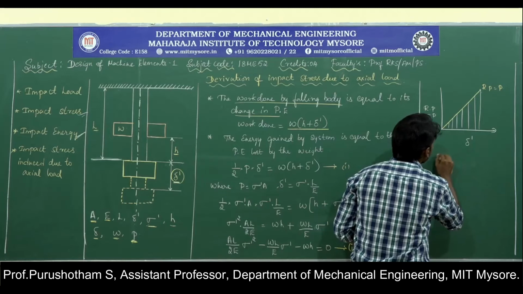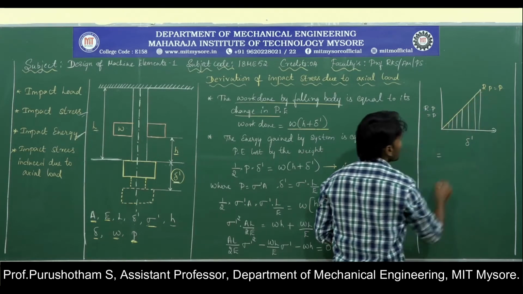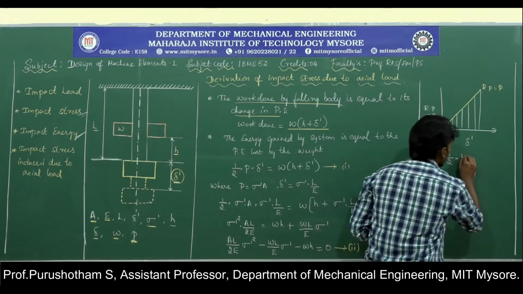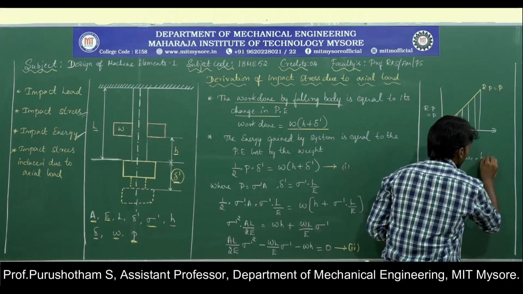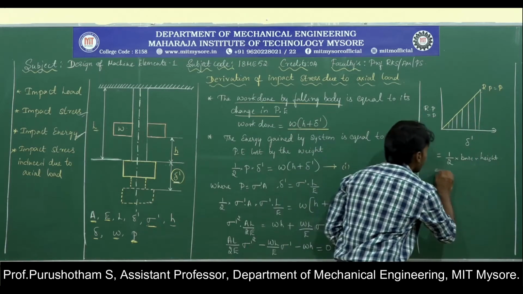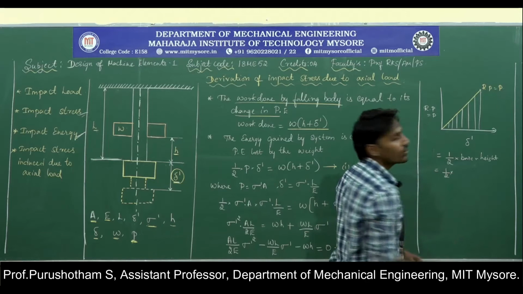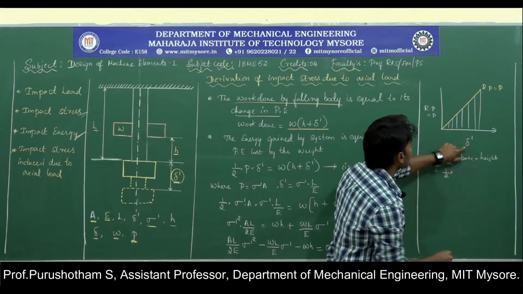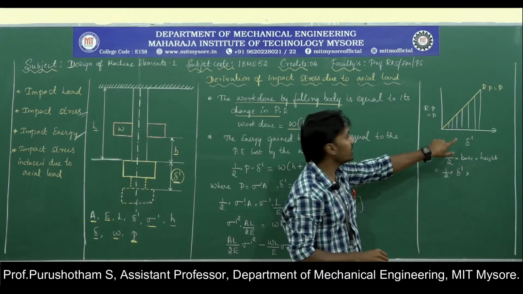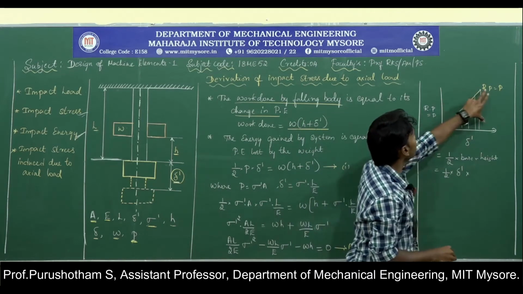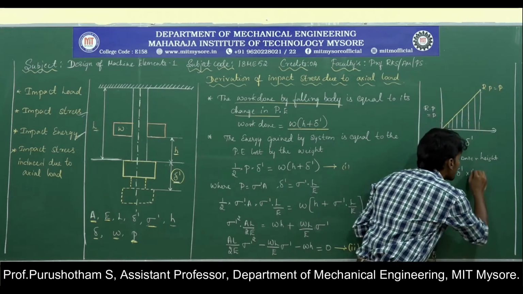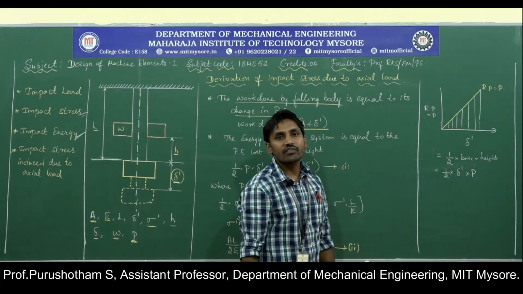Now the area under this curve looks like a triangle. The area of a triangle is given by half into base into height, and this gives the energy stored in the body. The base is the static or instantaneous deformation, and the height is the resisting force, which is equal to the force which induces the instantaneous deformation.